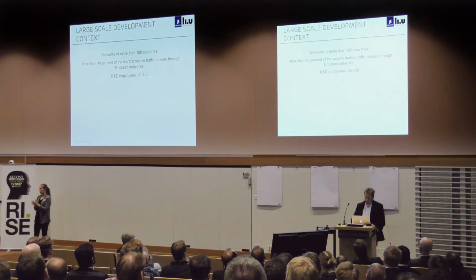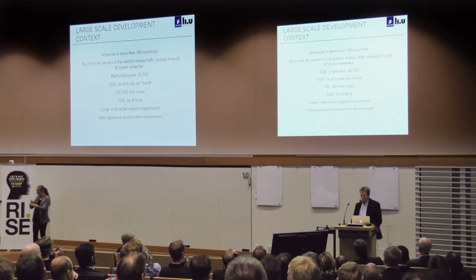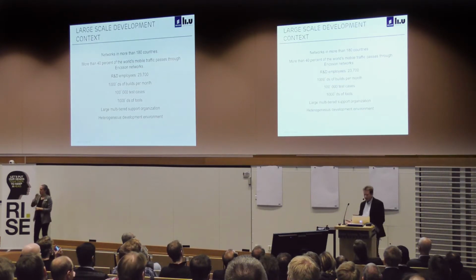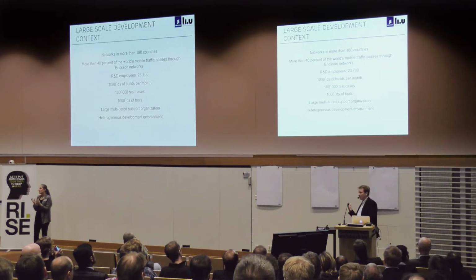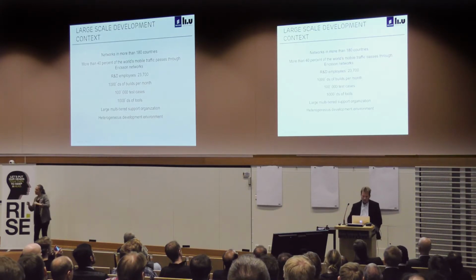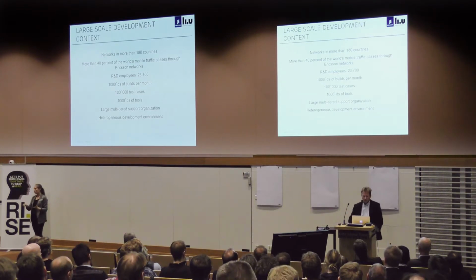Well, at Ericsson, we have this huge development environment, and we have large and complex products, and our support organization kind of reflects this fact. Right? So typically, fault localization and bug routing is done in a manual fashion, and this is not just Ericsson, just in general in large companies.